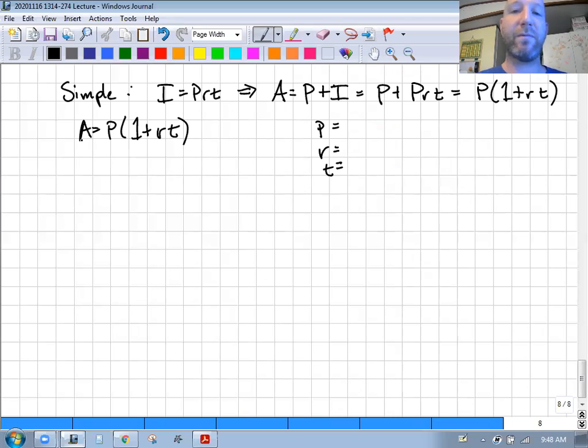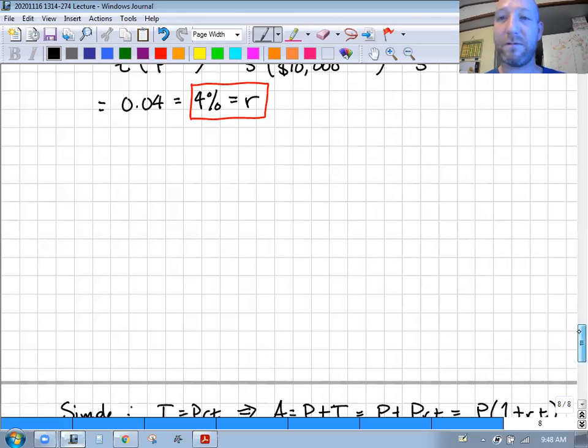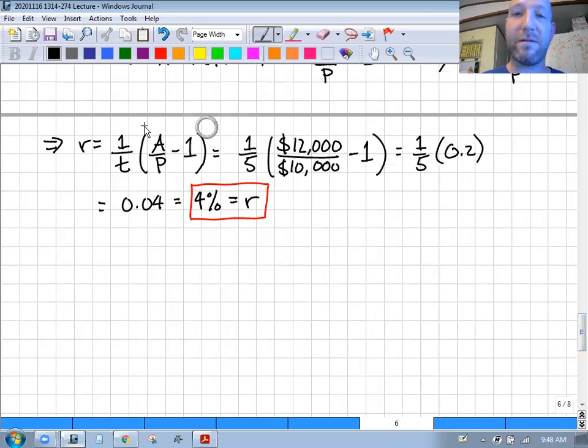We already have what A equals. If they give you PRT, you plug it in. But I just showed you how to rearrange it. Y'all know how to do basic algebra by now. We just solved for R. You can do the same thing for T or P. P would be A divided by 1 plus RT. That gets P by itself. We just found R to be this.